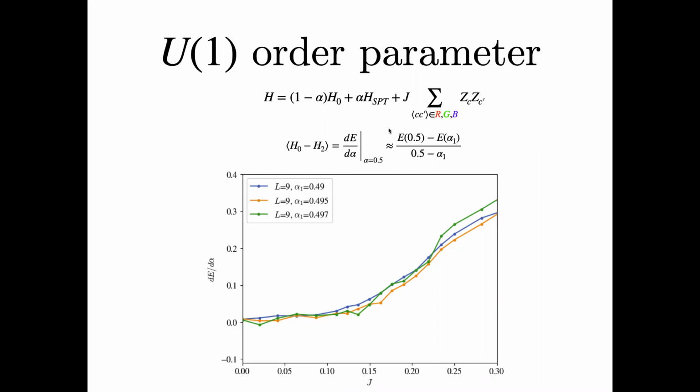And so we just did the most basic thing, which is just take the derivative by hand numerically as you approach, where I fix the right hand side to be 0.5, and then I increase the left hand side.